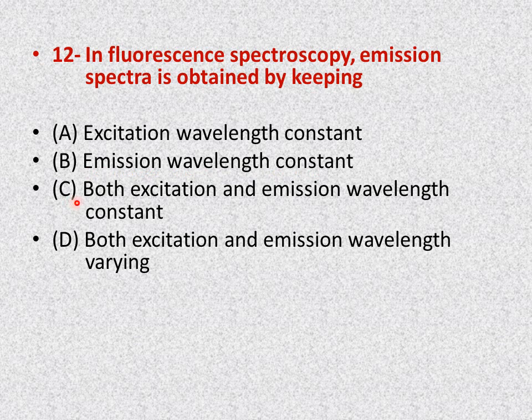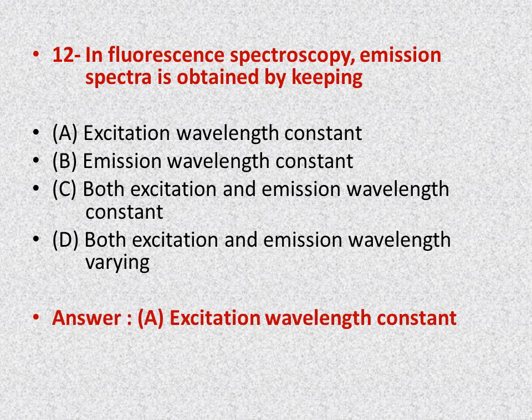C, by keeping both excitation and emission wavelength constant. D, by keeping both excitation and emission wavelength varying. So let's see what is the right answer. So emission spectra can be obtained in fluorescence spectroscopy by keeping excitation wavelength constant. So A is the right option here.